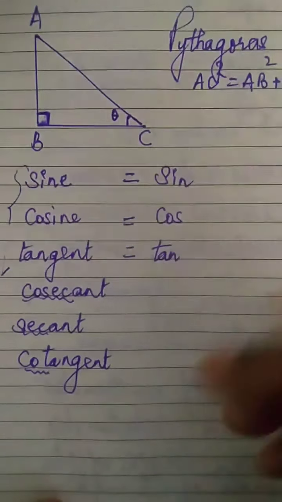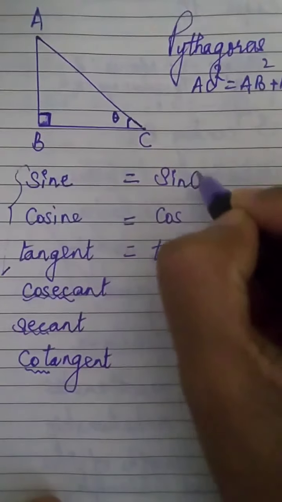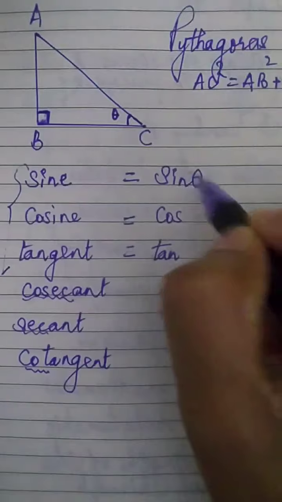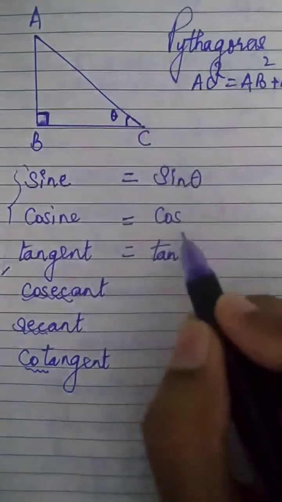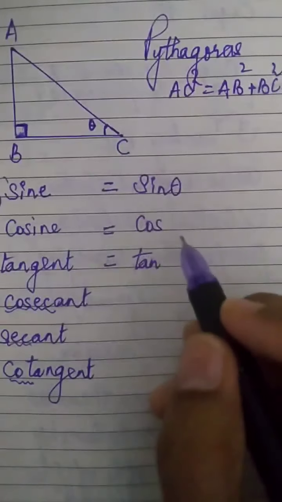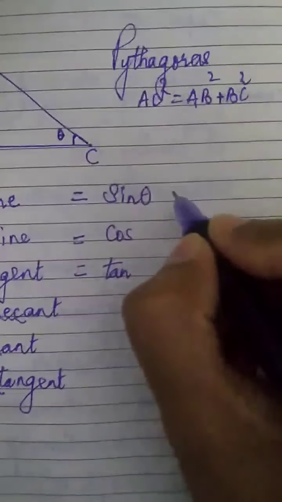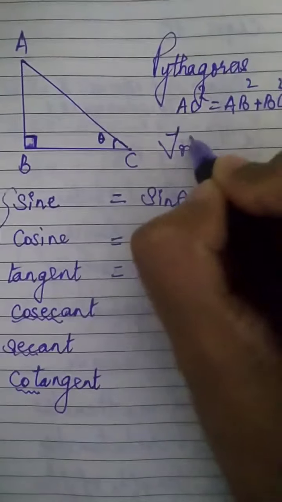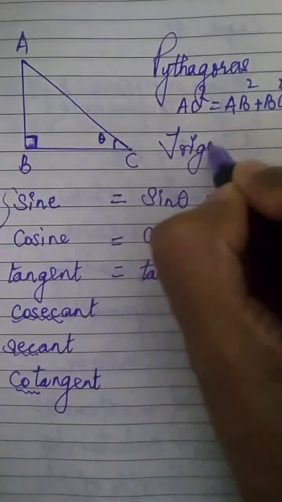Now let me discuss with you what is sine theta. As I told you, one acute angle I will consider. That angle I have taken as theta. Now you have to learn this formula. Sine theta is nothing but, I told you, trigonometric ratio. So it is something upon something.